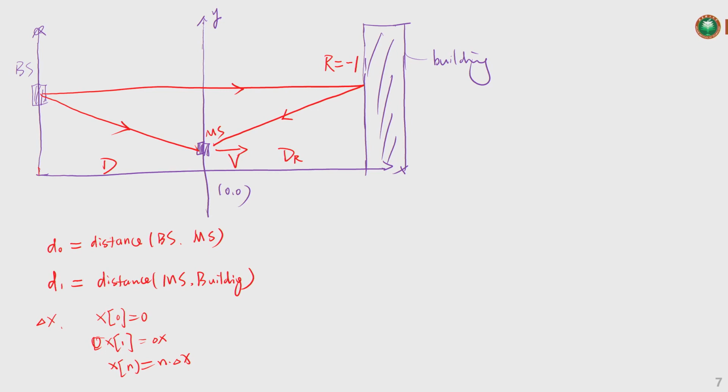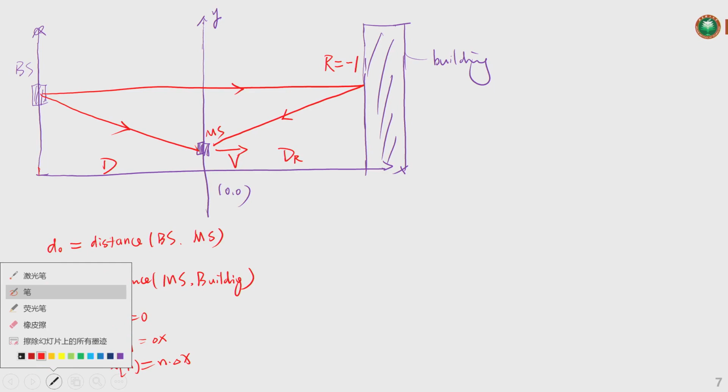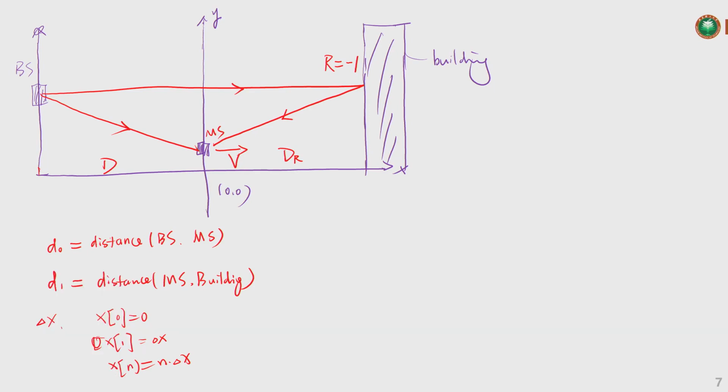Then our D0, the distance between the mobile user and the base station, equals capital D, because the lateral distance is much longer than the height, so we can assume they are always on the x-axis.